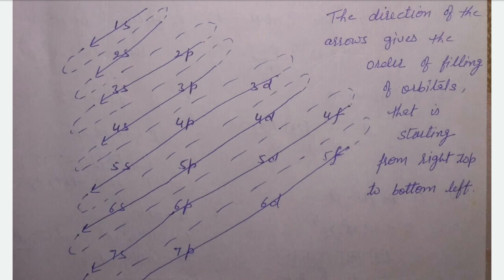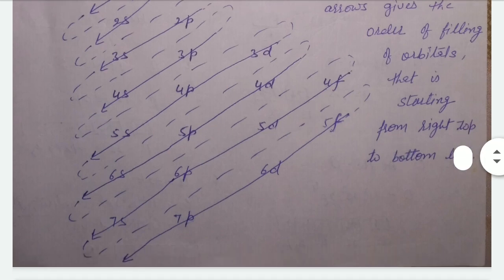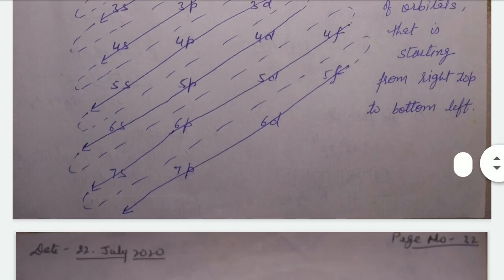After 3s, electrons first enter 3p and then 4s. After 4s, electrons enter 3d, 4p and 5s. After 5s, electrons enter 4f, 5d, 6p and 7s. And after 7s, electrons enter 5f, 6d, 7p. It is clear that 7p is the highest energy while 1s is the lowest energy.